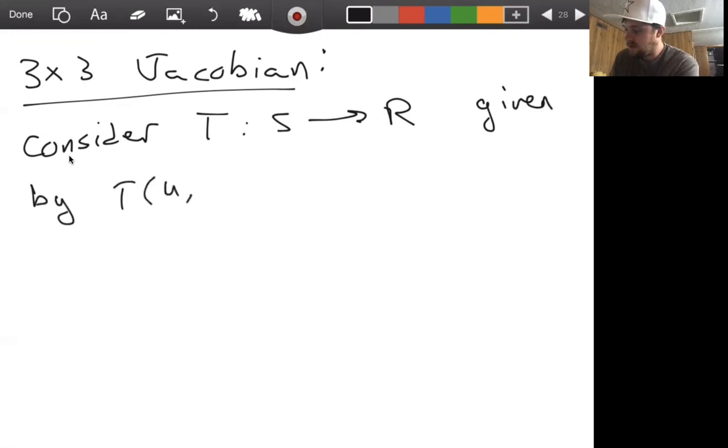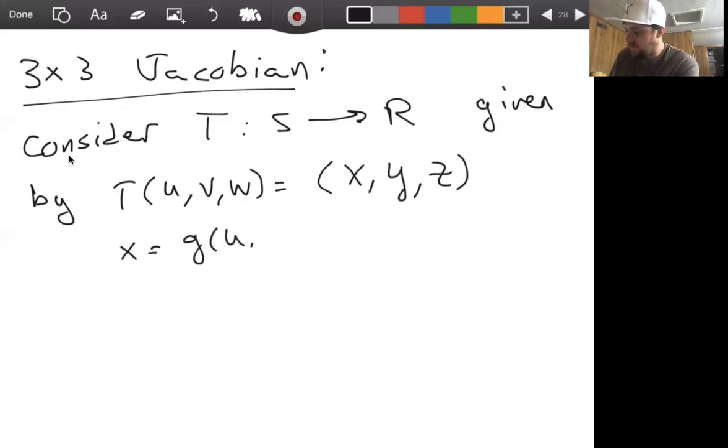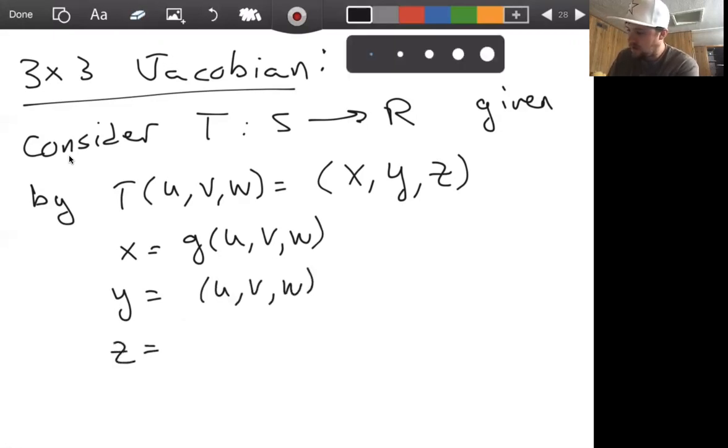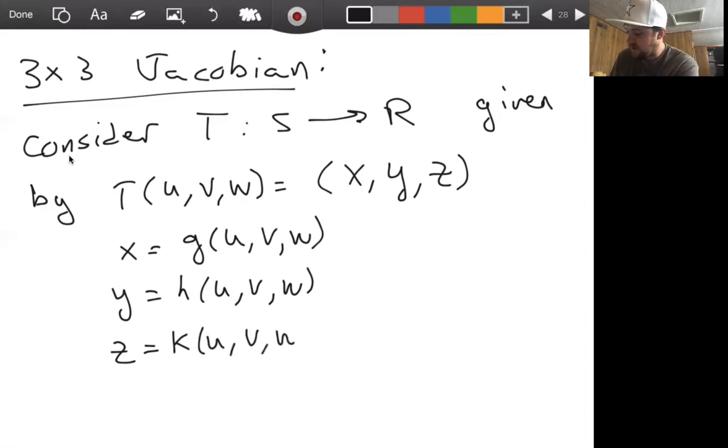T of u, v, w equals x, y, z, where x is equal to g of u, v, w, y is equal to h of u, v, w, and z is equal to k of u, v, w.